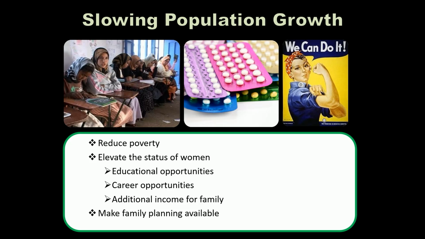In a little bit, I'm going to show you some information about a concept called the demographic transition, and it incorporates some of these ideas. As a country moves forward in terms of economic development, technological development, and social development, and one of the aspects of that is the status of women increasing, the population growth rate will slow down over time.